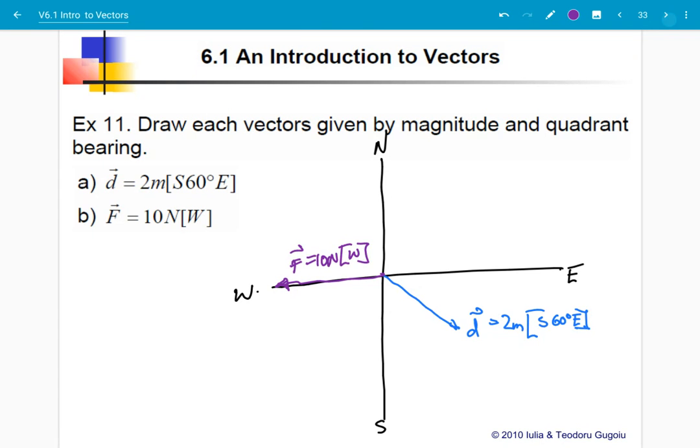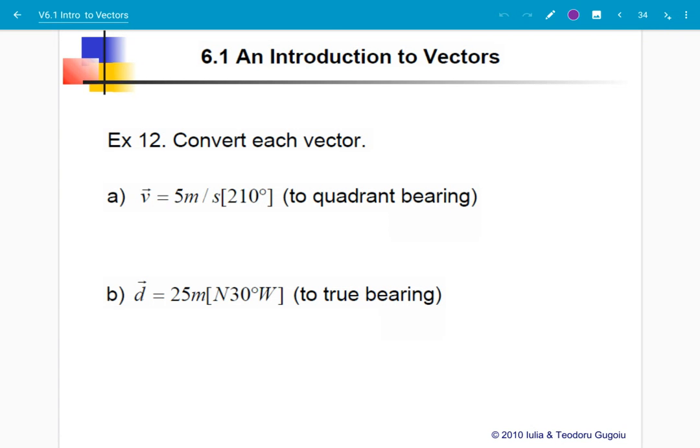And I think that's it for the lesson. Oh, convert. Convert this to quadrant bearings. You can sketch this quickly. It's this way, right? This will be 30 degrees. So in quadrant bearings, it's still 5 meters per second, but it is south 30 degrees towards the west. This is west, so it's towards the west.